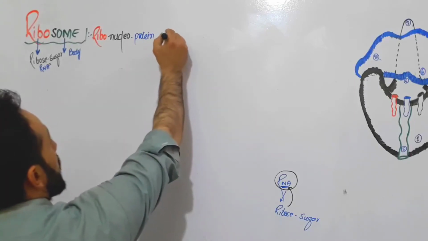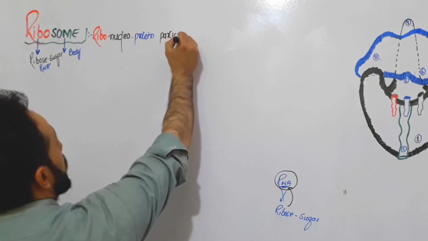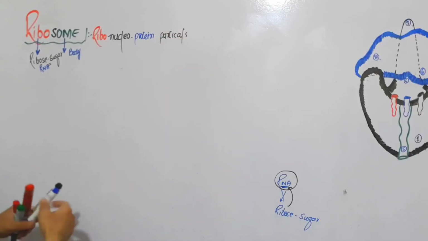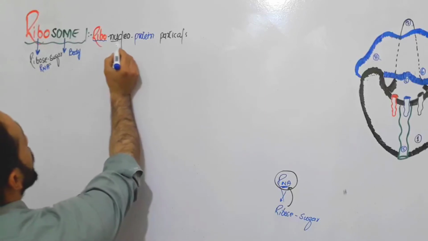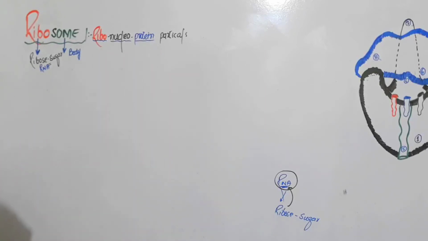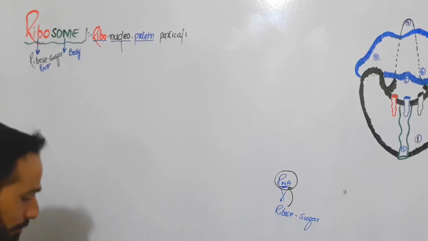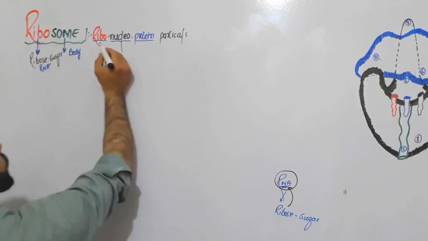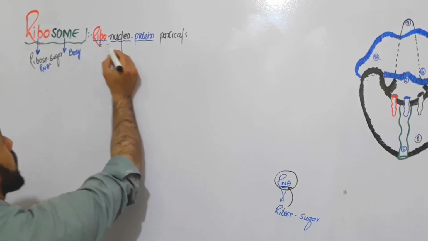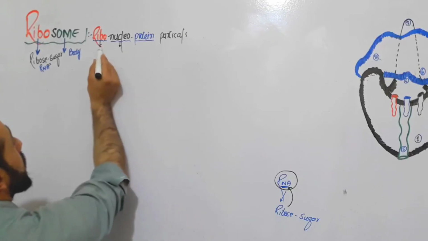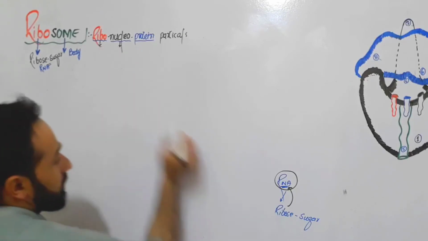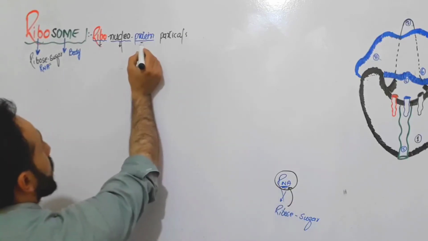Ribosomes contain ribonucleic acid, which means RNA, and some proteins.